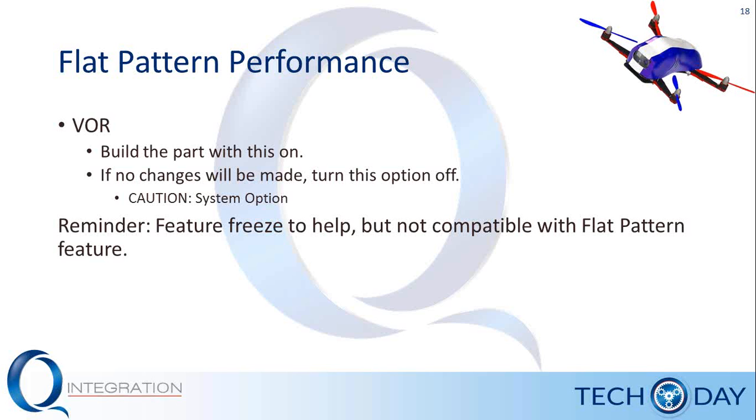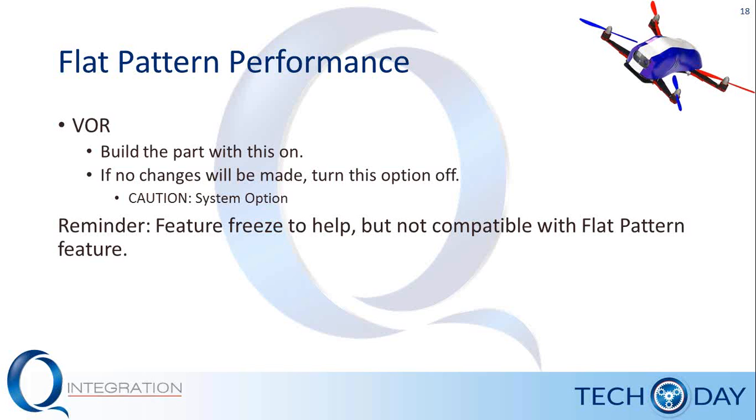So for cases like this, you can turn off verification on rebuild, make your modifications, and then before you save and go home for the day, go back into your options, turn verification on rebuild back on, do a Control Q, make sure the part is nice and happy, then save and close it.